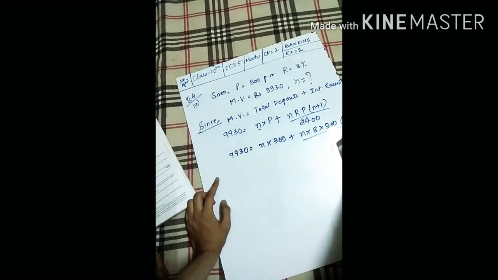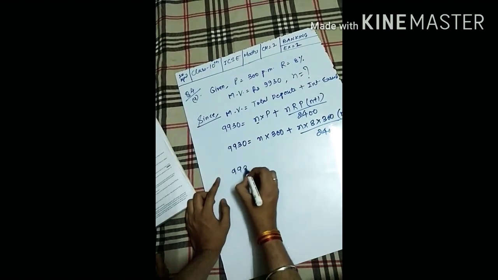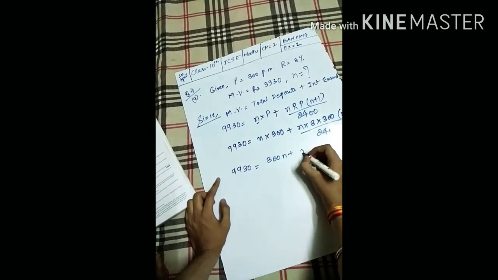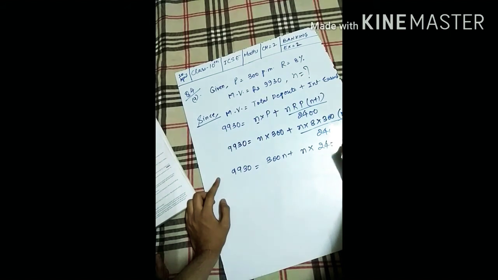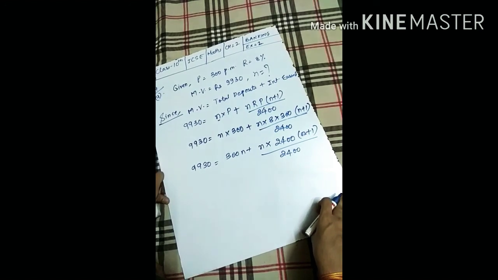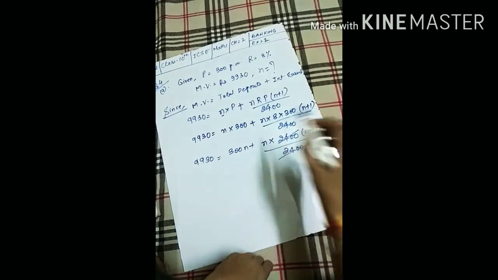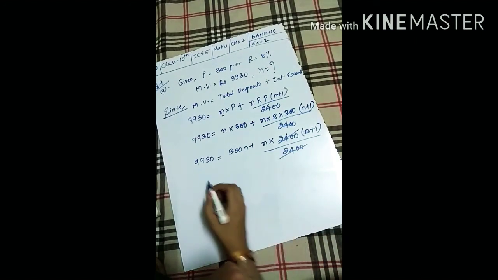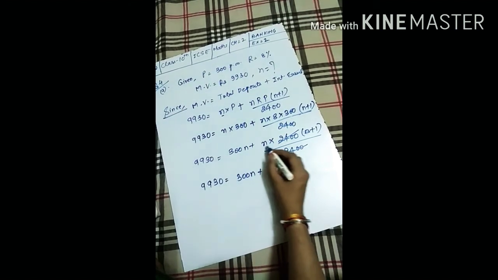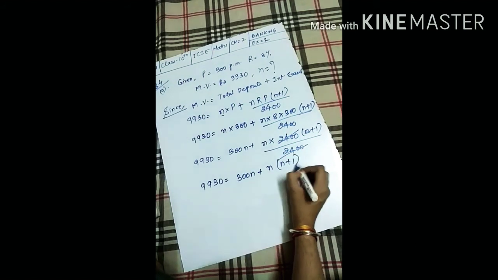So 9,930 is 300n plus 8 into 300 over 2400 into n(n+1). Then this 2400 and 2400 will be cancelled. Then 9,930 is equal to 300n plus n(n+1).